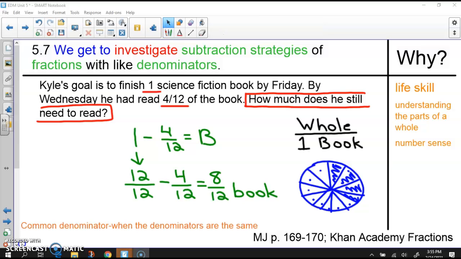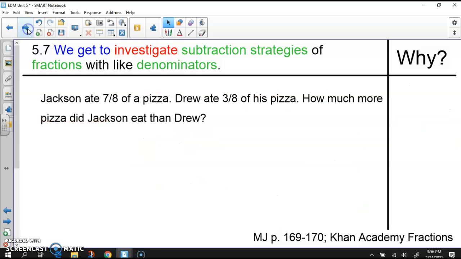All right, so we're going to take a look at one more problem before we let you begin on your practice. So this time we're going to take a look at the problem of Jackson ate 7/8 of a pizza. Drew ate 3/8 of his pizza. How much more pizza did Jackson eat than Drew?